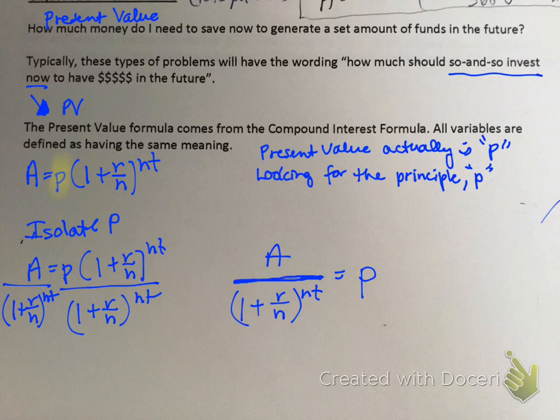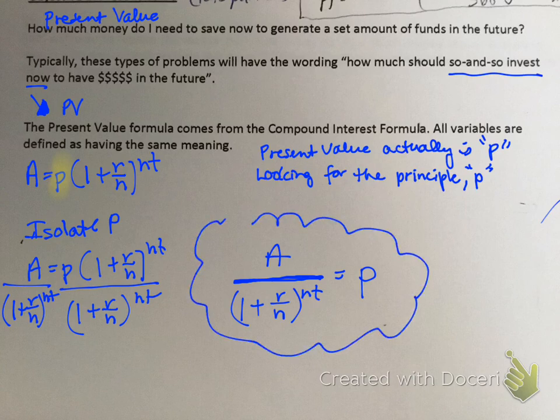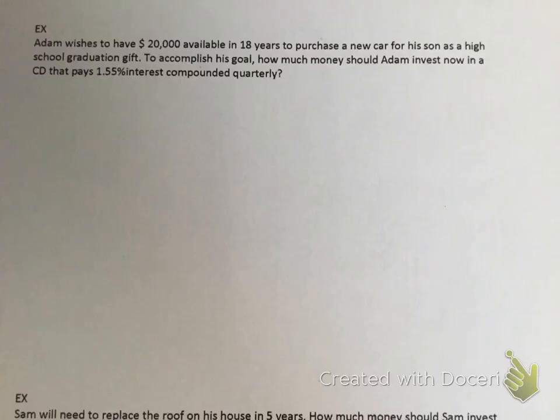Or you could keep the compound interest formula intact and just remember that you don't plug in for P. So it's your choice. But here's the formal formula for present value. Remember, we're looking for P. That is the principal.